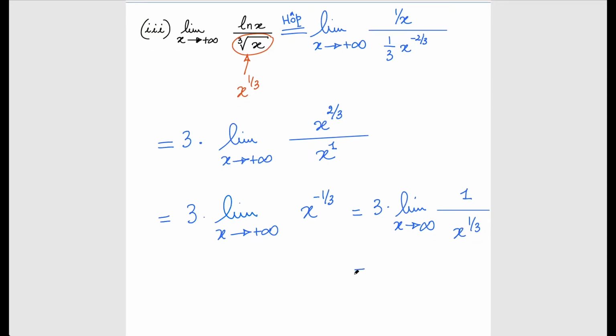So this function has y equals 0 as a horizontal asymptote as x increases, right? So the end behavior is that the function has y equals 0 as its asymptote.